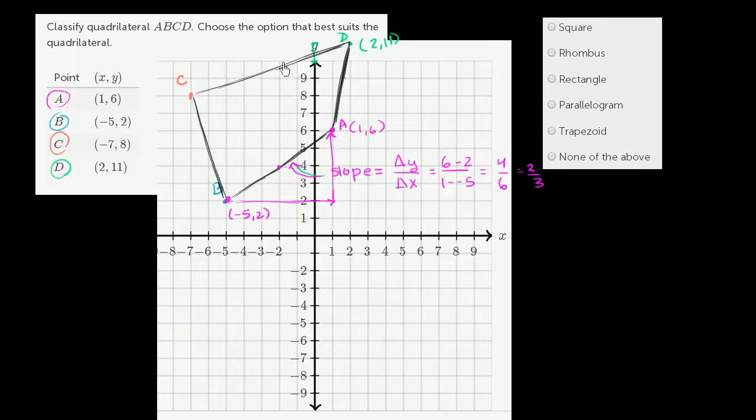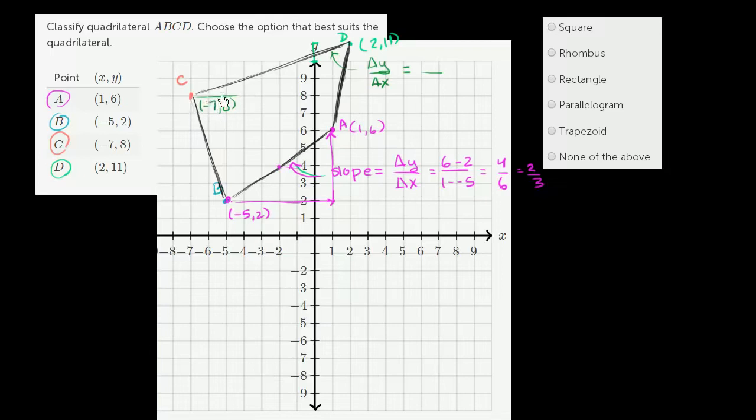Now let's think about line CD up here. What is our slope? Our change in y over change in x is going to be equal to, let's figure out our change in x first. We're going from -7, 8 all the way to 2, 11.